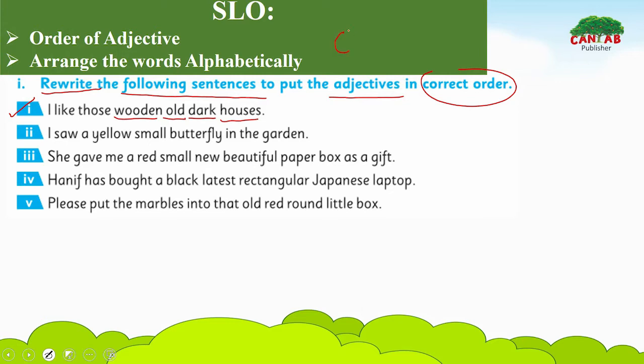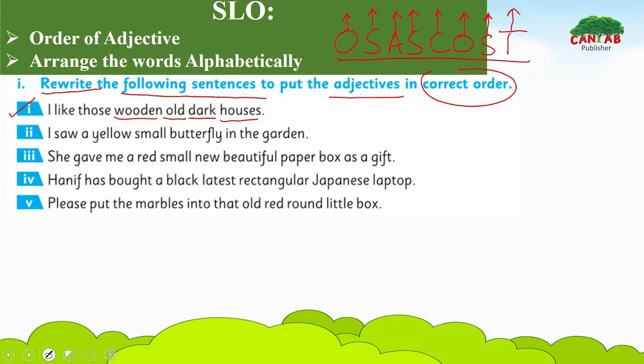That was OSASCOST. O is for opinion, S for size, A for age, S for shape, C for color, O for origin, S for sound, and T for taste.